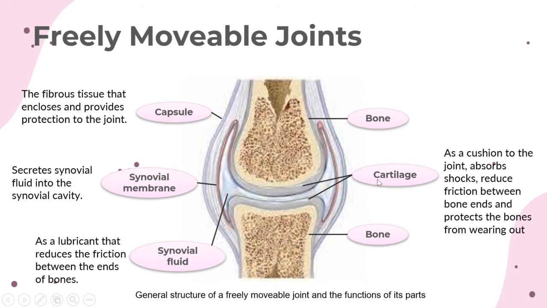And then we go to the cartilage, the soft bone at the end of the bone. It is a soft bone. It acts as a cushion to the joint, absorbs shocks, reduces friction between the bones and protects the bones from wearing out. For example, when we fall down, the cartilage will absorb the shock, and also reduce the friction between the bones and protect the bones from wearing out.